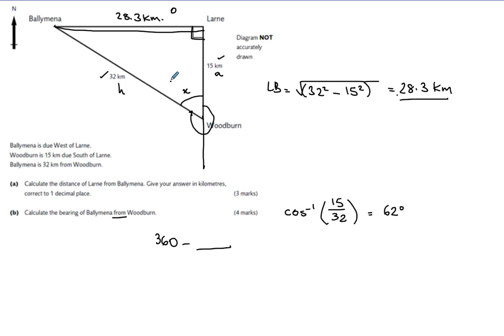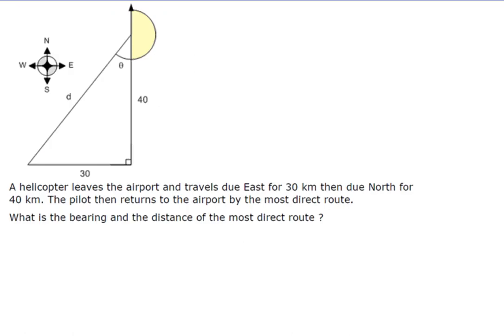So that's 62, which looks reasonable. And then you stick it in there, and out comes your answer, 298 degrees. And that again looks reasonable because you know that's 270. Good. Next question, we're all ready for it.